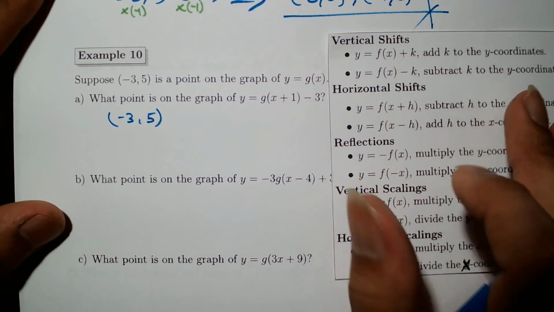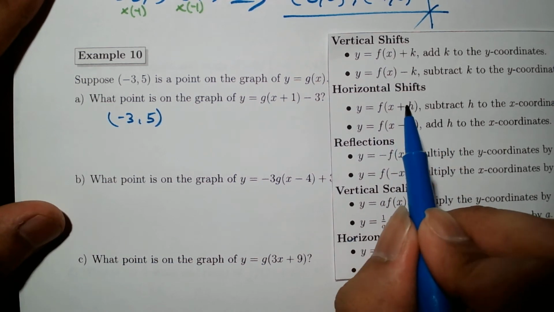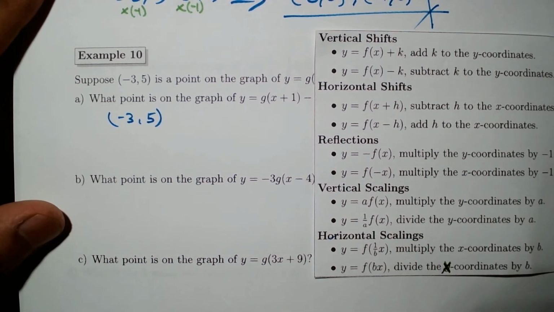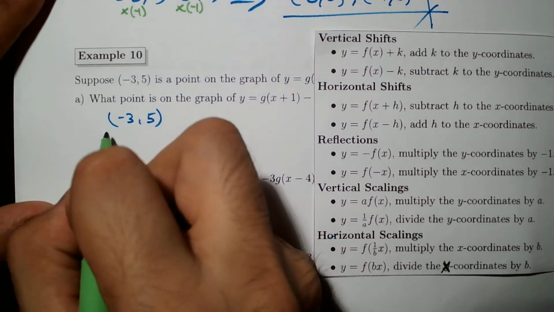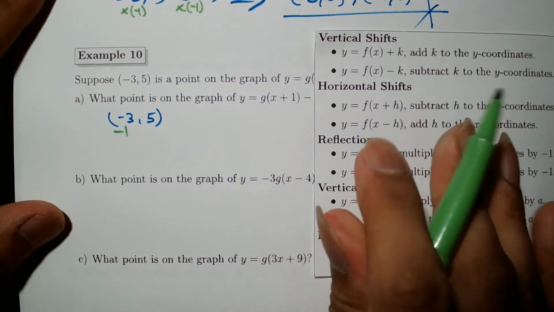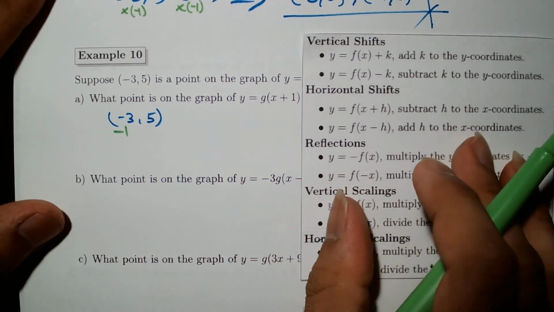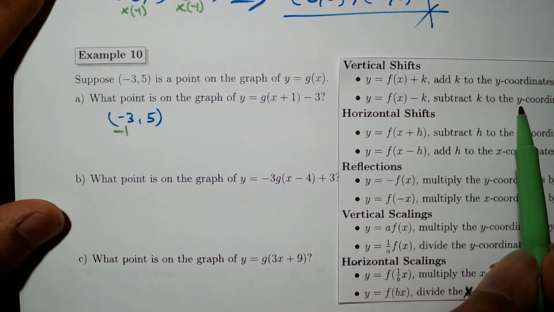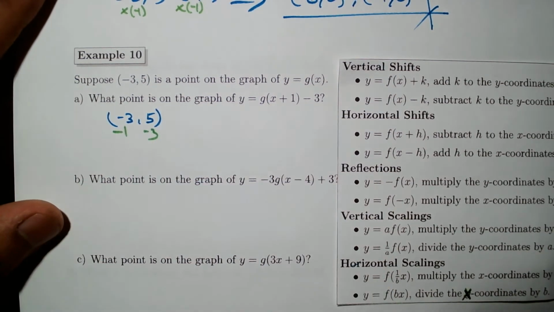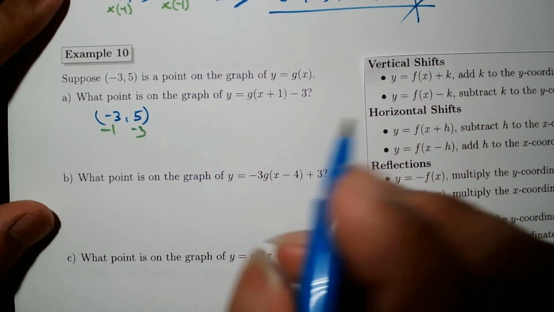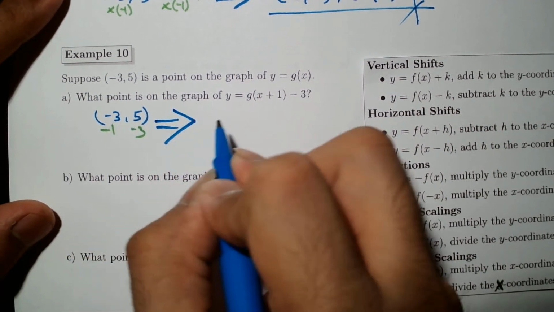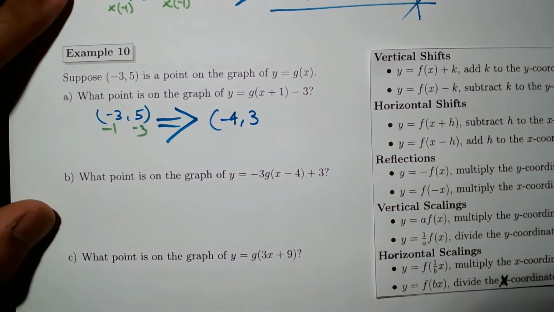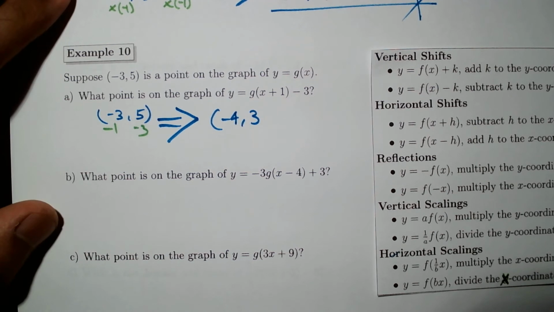This plus 1 asks us to subtract 1 from the x coordinate, and this minus 3 is to subtract 3 from the y coordinate. So this will become (-4, 3).